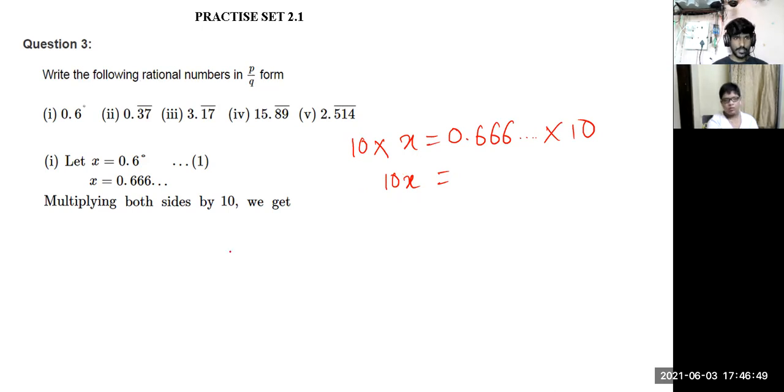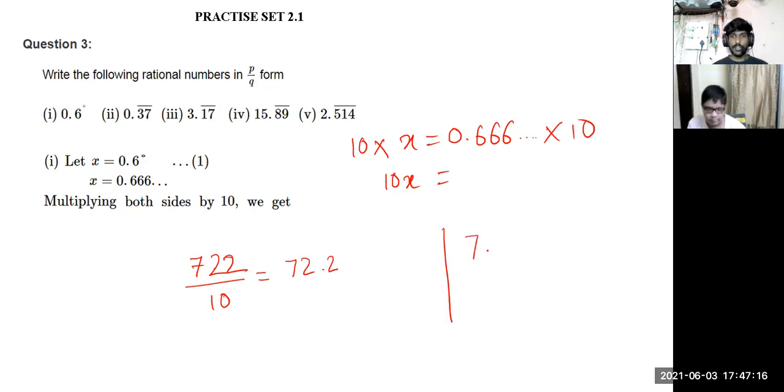So you're mistaken here. Note one thing: suppose you have 722 upon 10. Here you're dividing by 10. So in decimal form, how will this be? 72.2, correct? Okay.